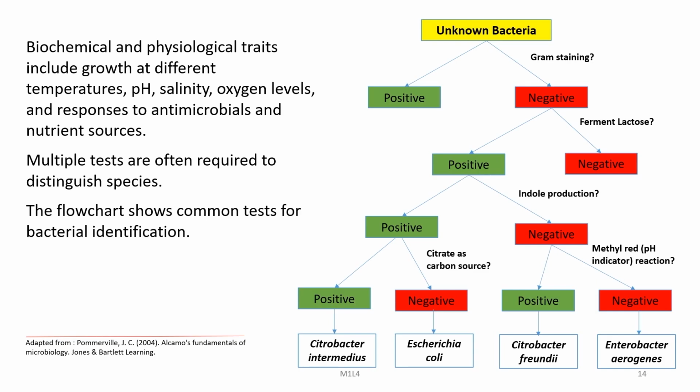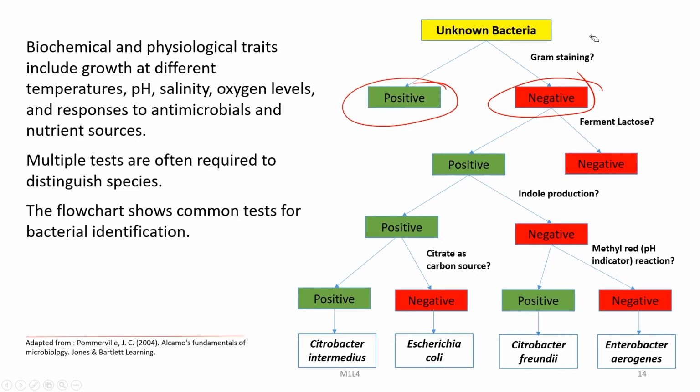So, here we can see one example of an unknown bacteria which is given to us as a sample. So, we go for gram staining. If it is positive, we classify it as gram positive. If it is negative, we try to find out, does it, for example, ferment lactose.